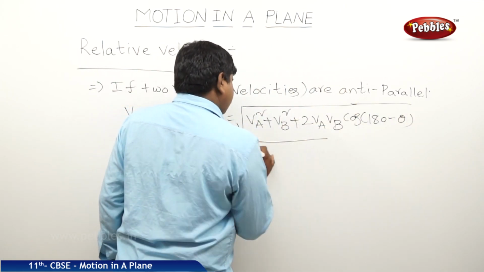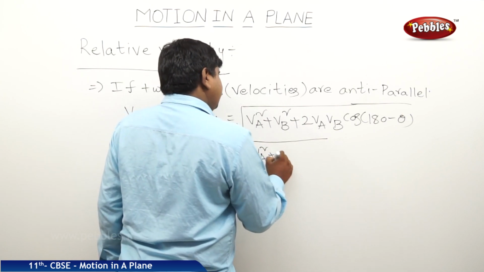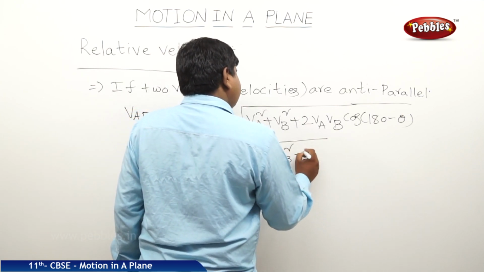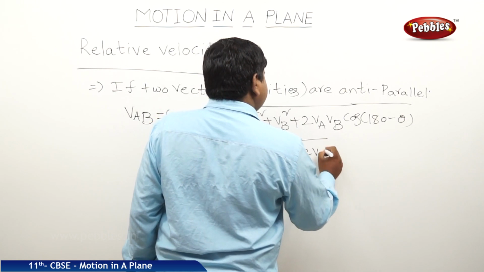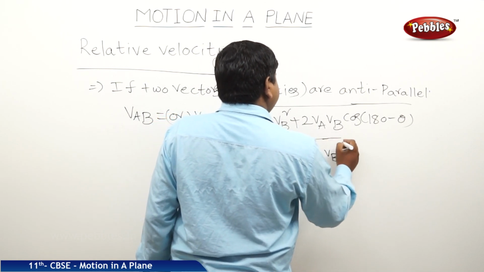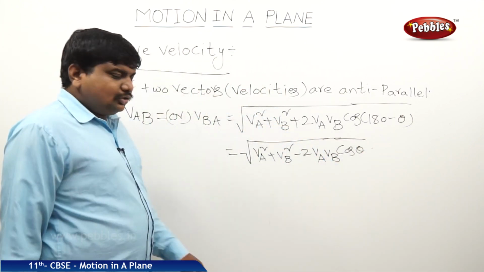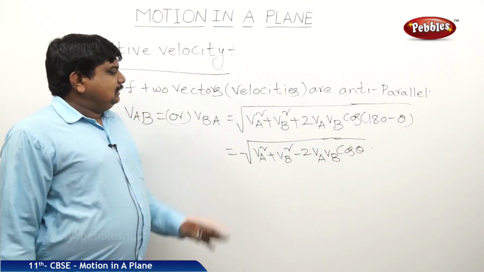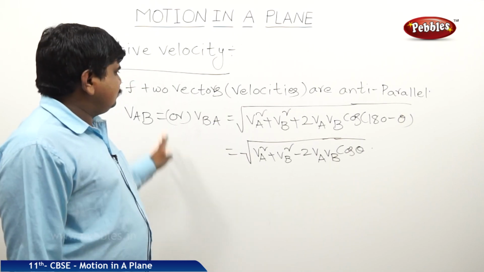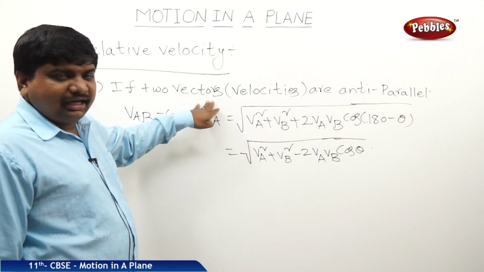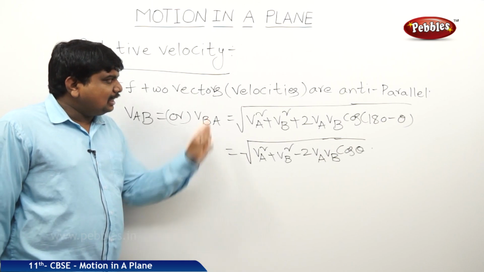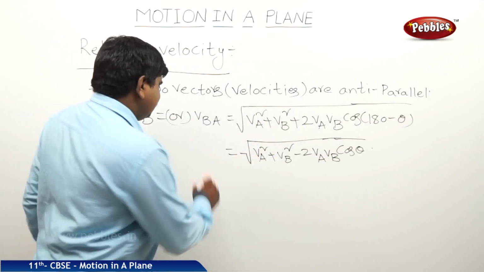Therefore, it is square root of VA square plus VB square minus 2VA VB cos theta. So, if you apply the parallelogram law of vectors to find out the relative velocity between the two vectors which are anti-parallel to each other, this is the equation.